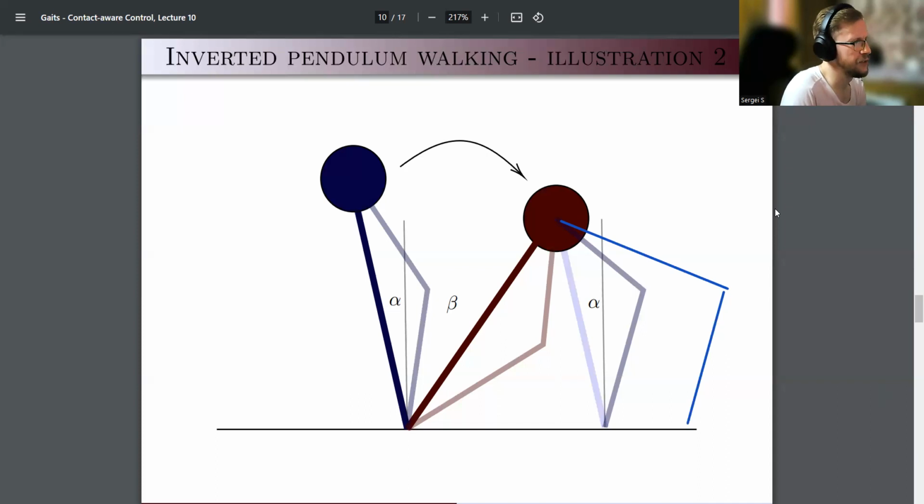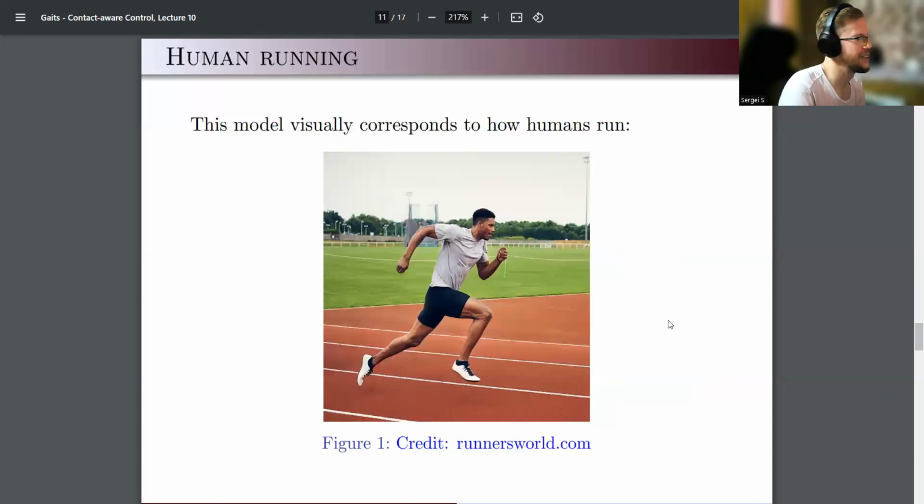Let me see if I have an illustration. A second. Yes. You can imagine when a person accelerates, that's actually kind of what they do. The center of mass leans forward a little bit. Let me see what color would actually show. I think blue maybe will show.